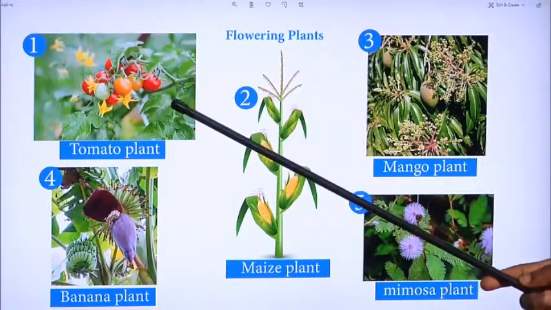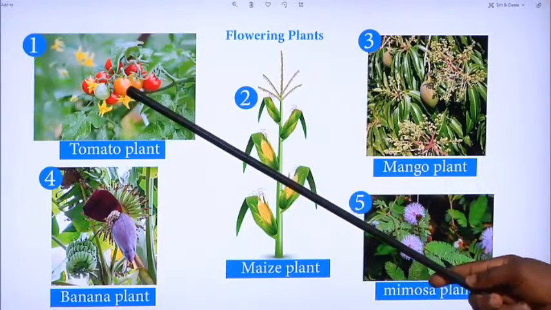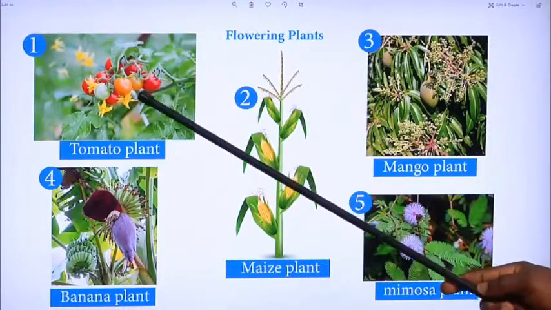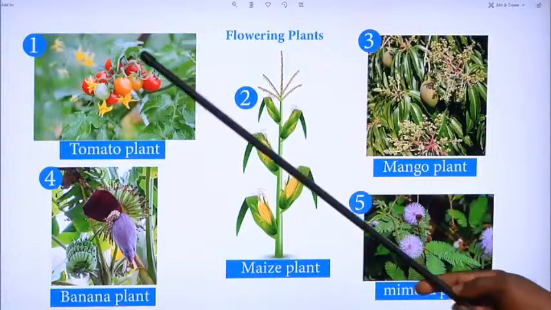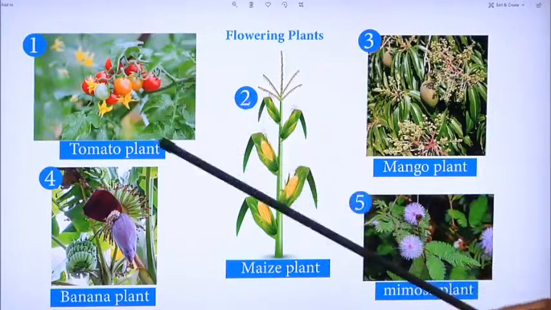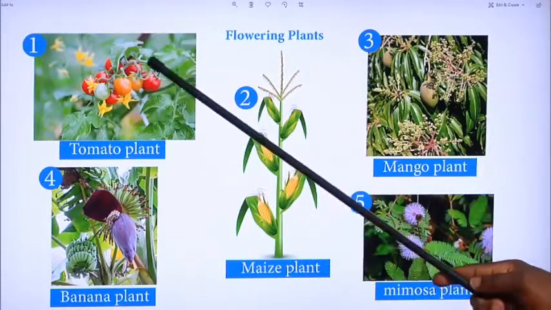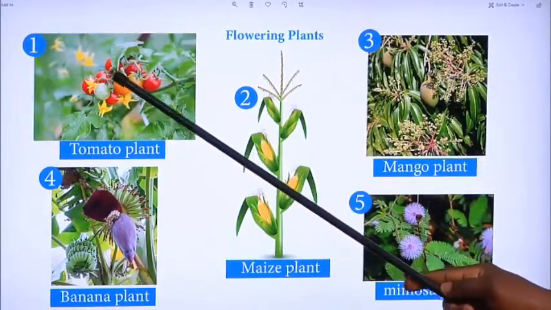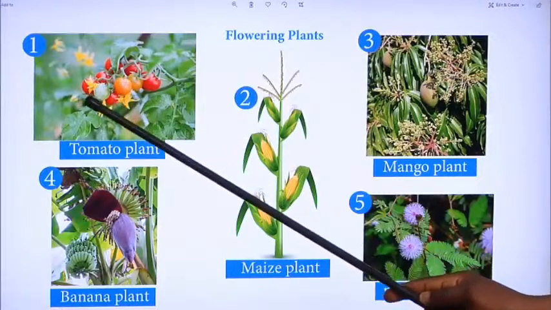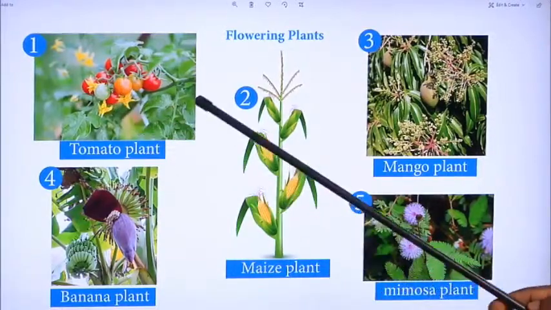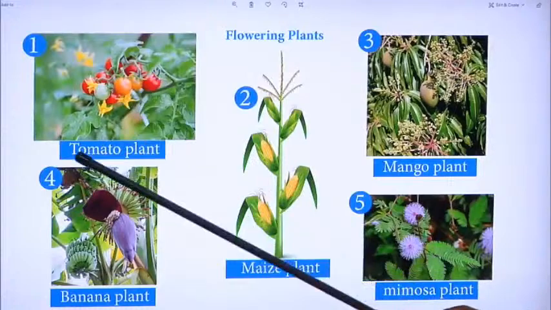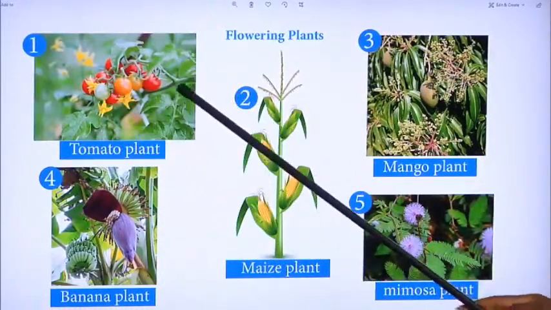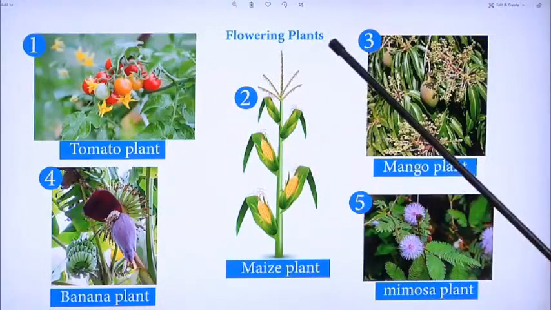Let's count the number of orange. 1, 2. Good. Now let us count the number of red fruits. 1, 2, 3, 4, 5, and 6. So, tomato plant is also an example of flowering plant.